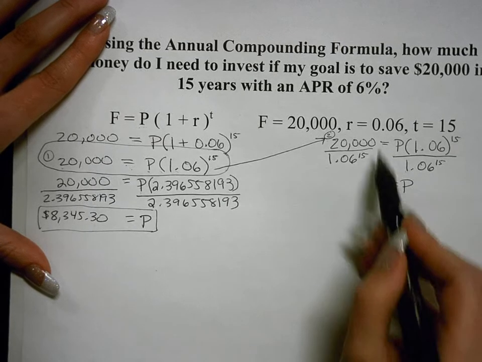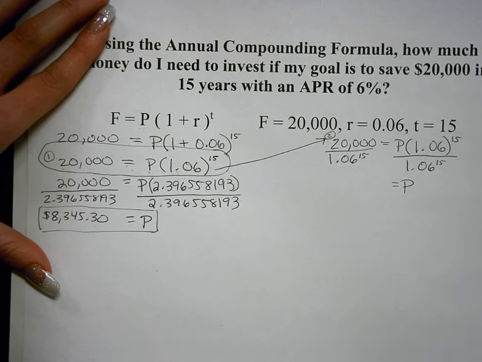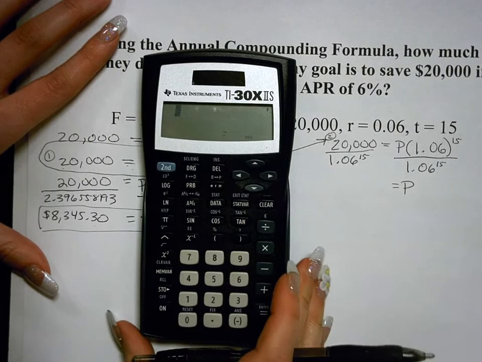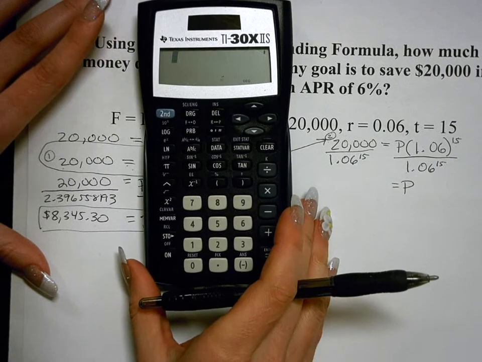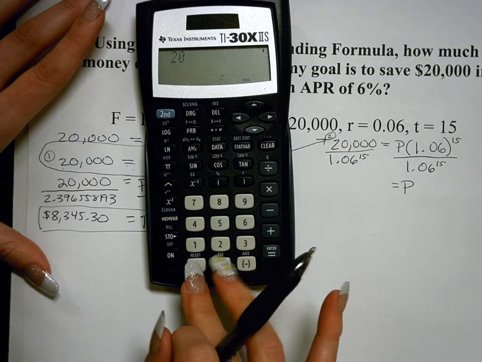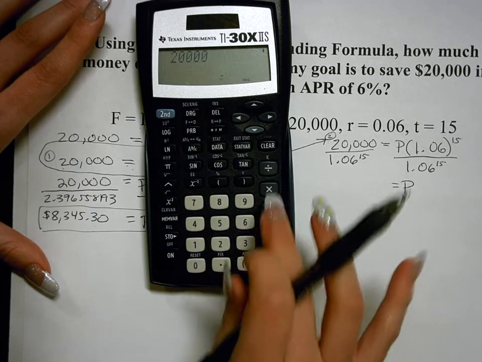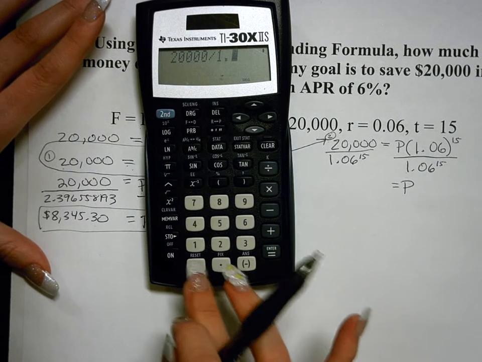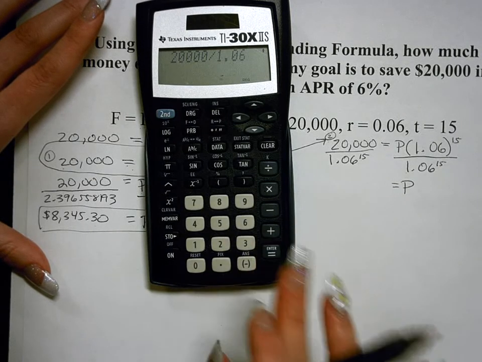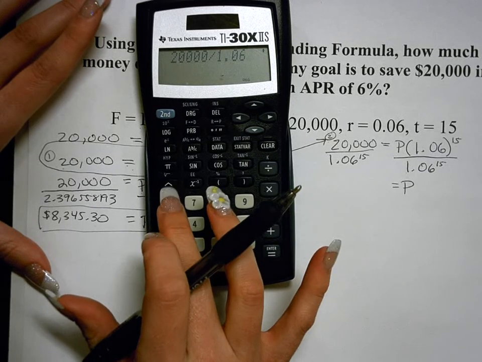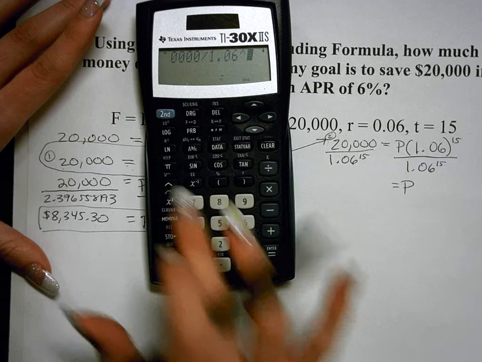All I need to do is input this into my calculator. So how you input 20,000 divided by 1.06 to the 15th power is first you put in the 20,000, divided by 1.06, raised to the, I'm going to use that little triangular thing, to the 15th power.